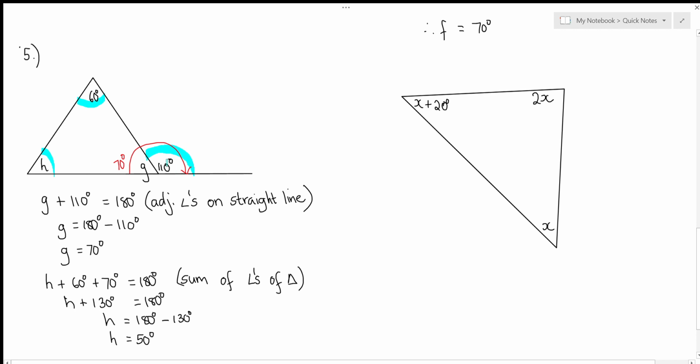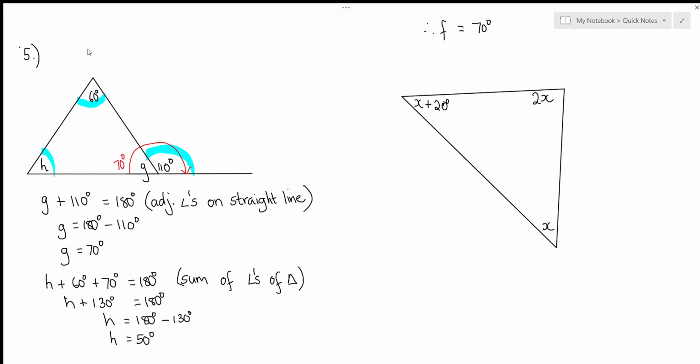So in my next lesson, I'm going to explain that the exterior angle of a triangle, so this exterior angle here, is equal to the sum of the interior opposite angles. If I add these two together, it will give me that exterior angle. So another way of working this out, we could have said H plus 60 is equal to 110 degrees, exterior angle of triangle, which I'll explain in my next lesson.